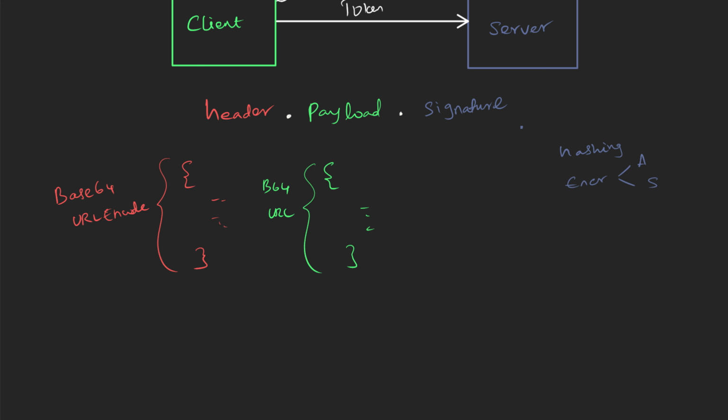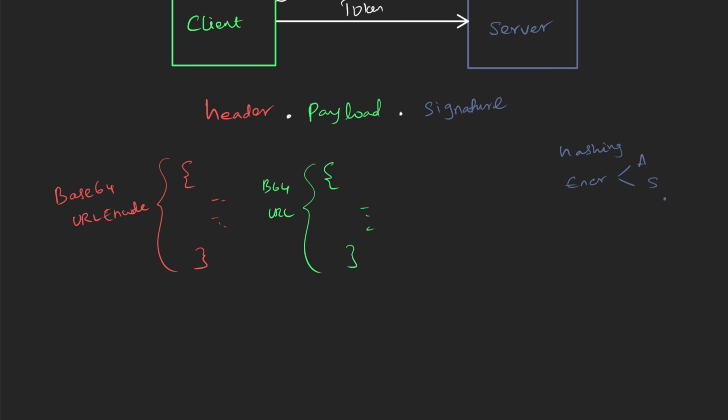Now, this is our JSON Web Token. We have header, payload, and signature, and each part is separated by a dot. That is what our JSON Web Token is. If we are using encryption, for example symmetric key encryption, it is very similar to our hashing algorithm.